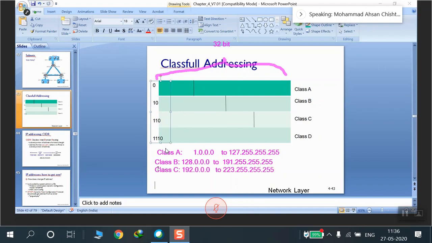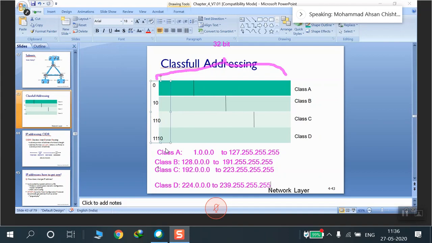And the last one that we have is class D, which starts from 224.0.0.0 to 239.255.255.255. We have some remaining addresses which can be taken in class E as well, but generally we say we have four classes.